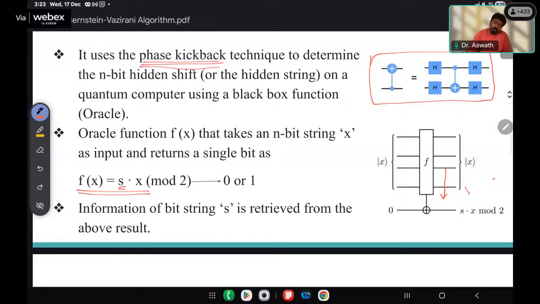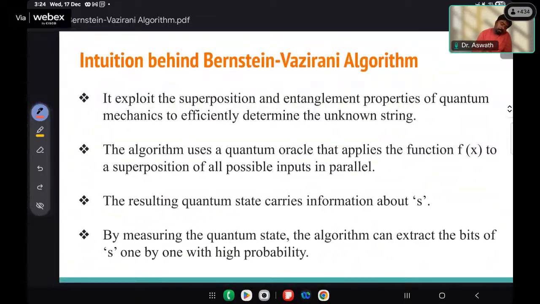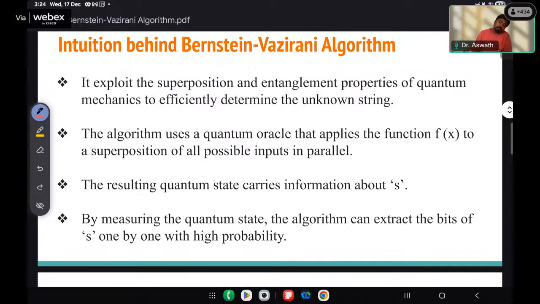So that is the main principle of the Bernstein-Vazirani algorithm. There is an intuition behind using this technique. It exploits the superposition and entanglement properties of quantum mechanics to effectively determine the unknown string.